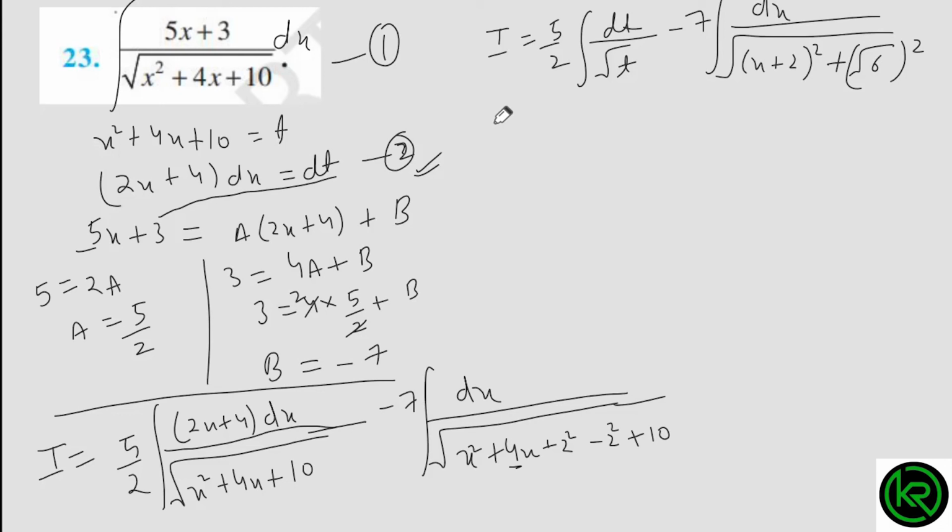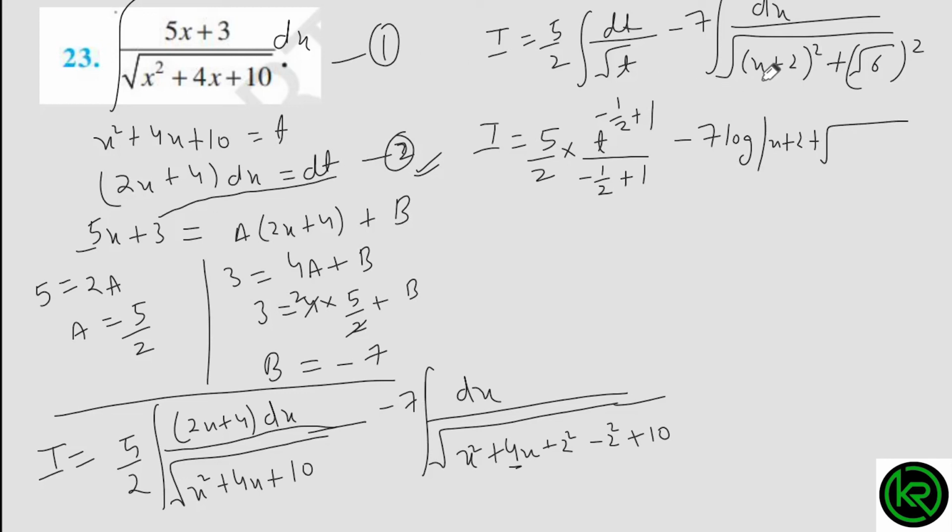Okay students, for the first one we will get 5 by 2 multiplied by t to the power minus half plus 1 upon minus half plus 1, minus 7 log of x plus 2 plus under root.